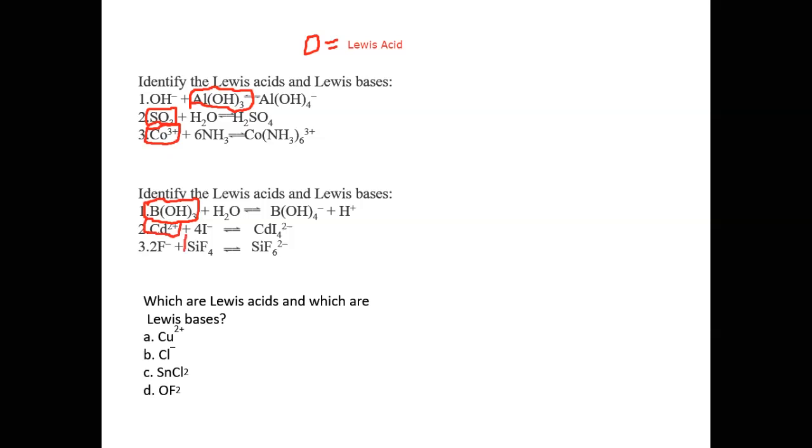So it is the Lewis base here, and SiF4 is the Lewis acid. So which are the Lewis acids, Lewis bases? Copper 2 plus is a Lewis acid. And tin 2 chloride is also a Lewis acid as well.